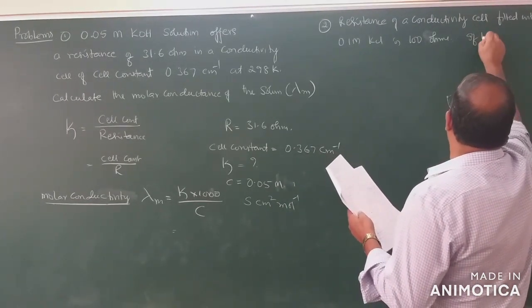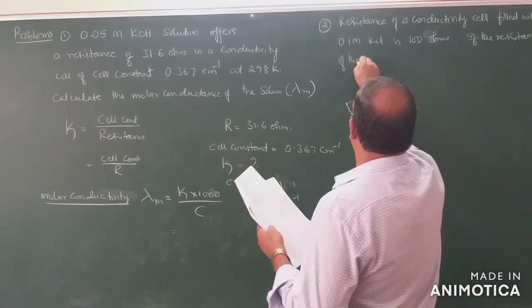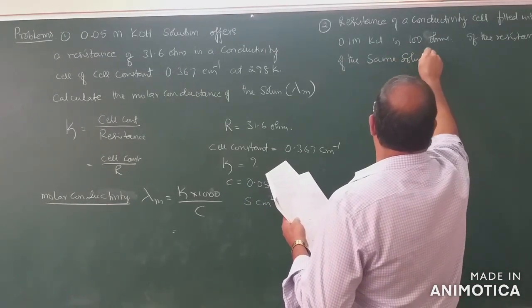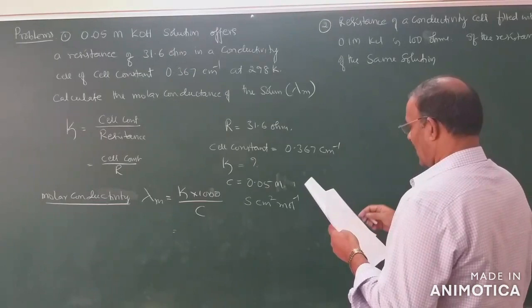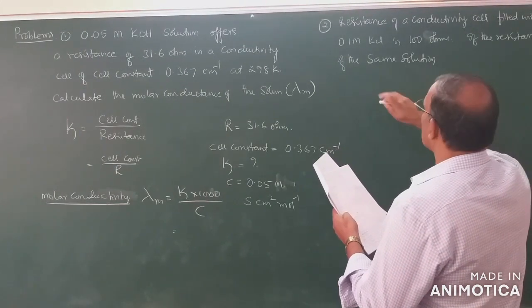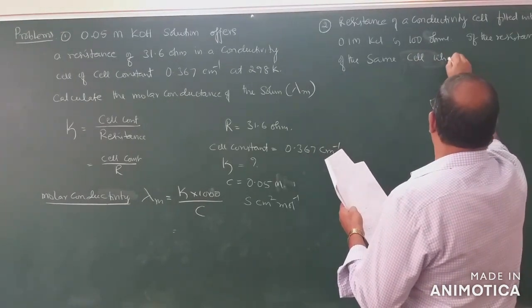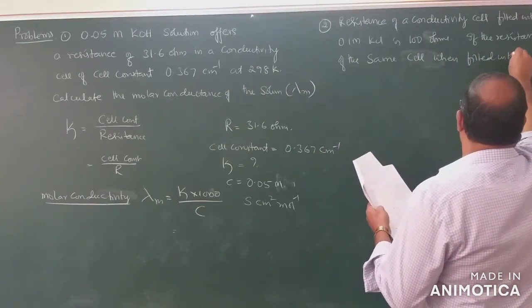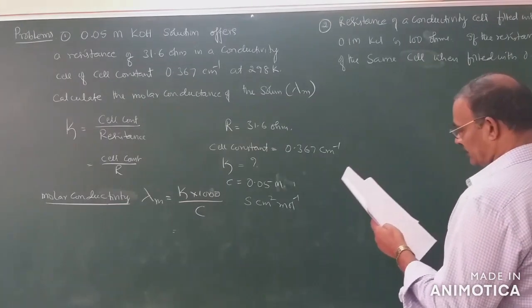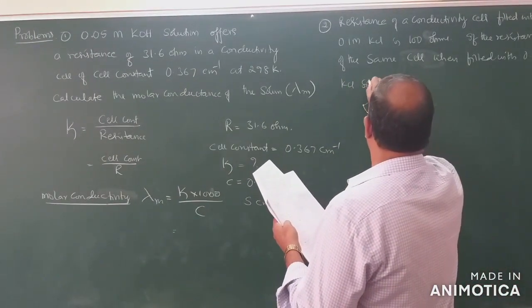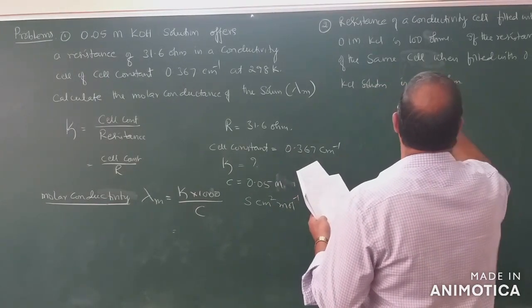Start. If the resistance of the same solution, same cell when filled with 0.02 molar KCl solution is 520 ohms.